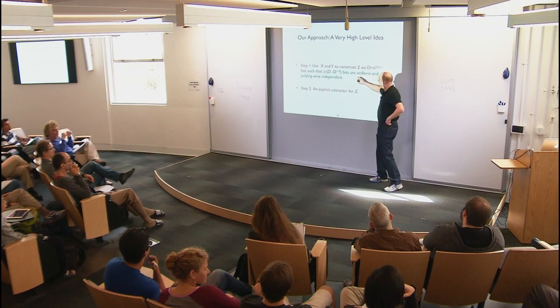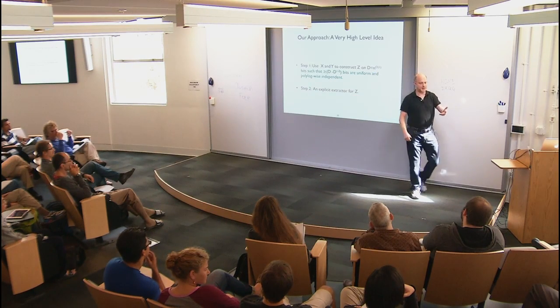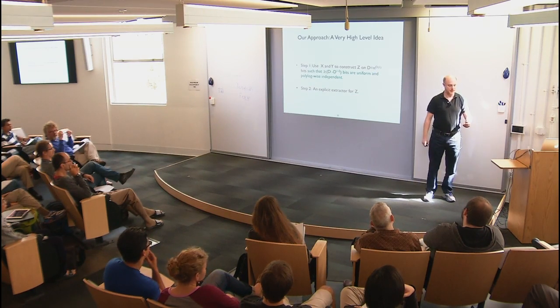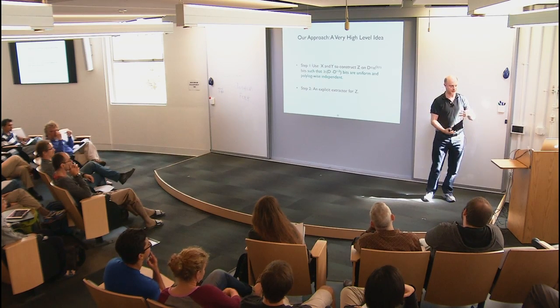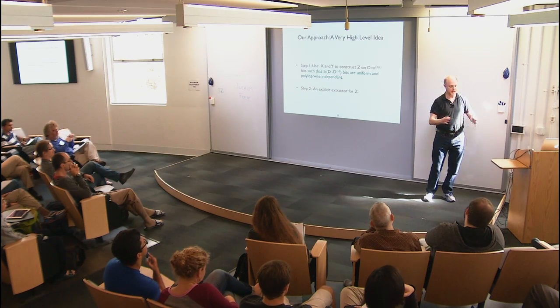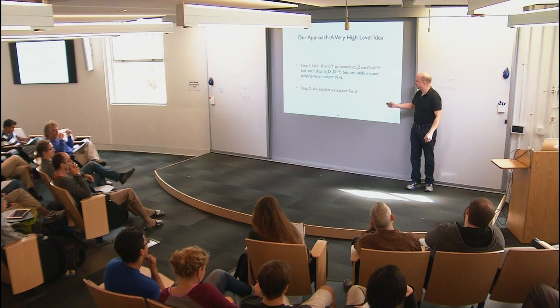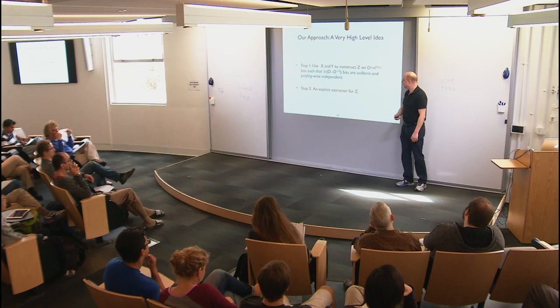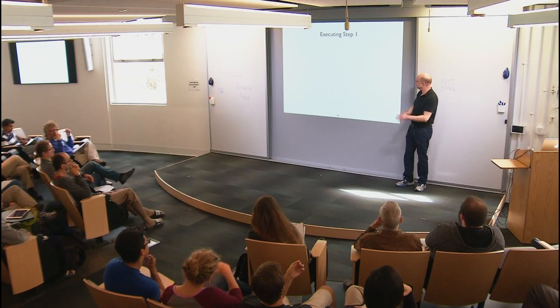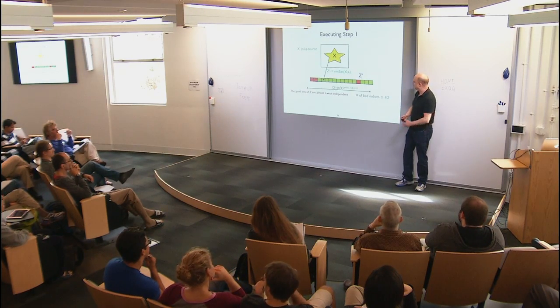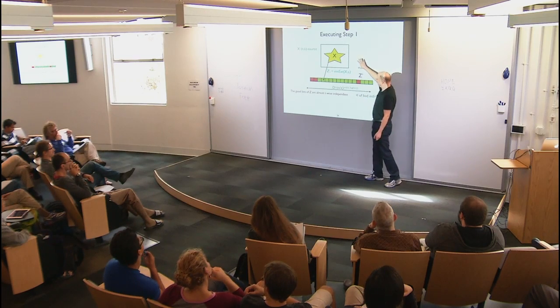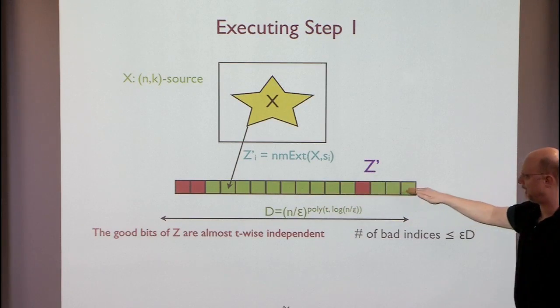Yeah, the error is going to be a problem if we just try to use one source. So using two sources enables us to get much better error. Actually, it might be the next slide or two. So let's look at step one. We're going to do what we said before in the beginning. We're going to apply the non-malleable extractor.